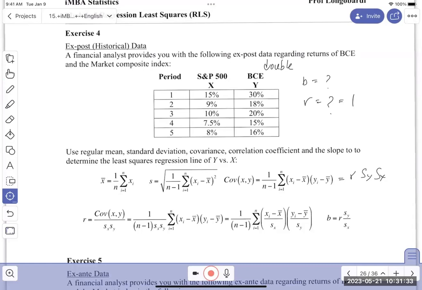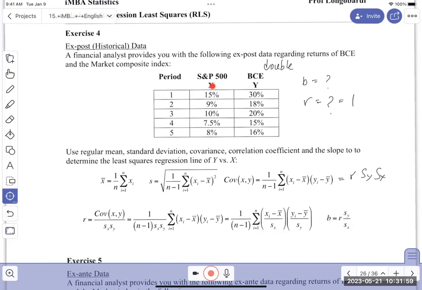I put X and Y in a very specific way for a very specific interpretation: for a 1 unit change in market returns, this firm has 2 unit changes, right?